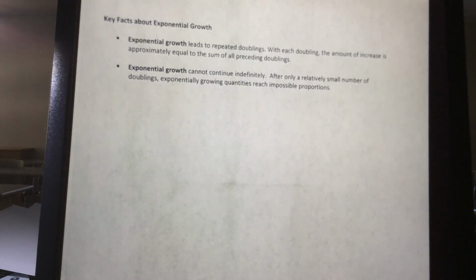After only a relatively small number of doublings, exponentially growing quantities reach impossible proportions. So in other words, exponential growth is not going to go on and on forever, okay? Because it's going to reach its limit somewhere, okay? All right, so that's all I have on this particular video, and that's going to wrap up that video on growth, dealing with linear growth and exponential growth.